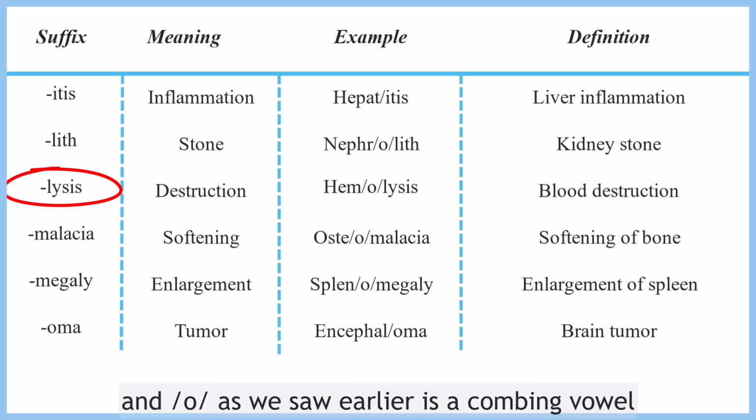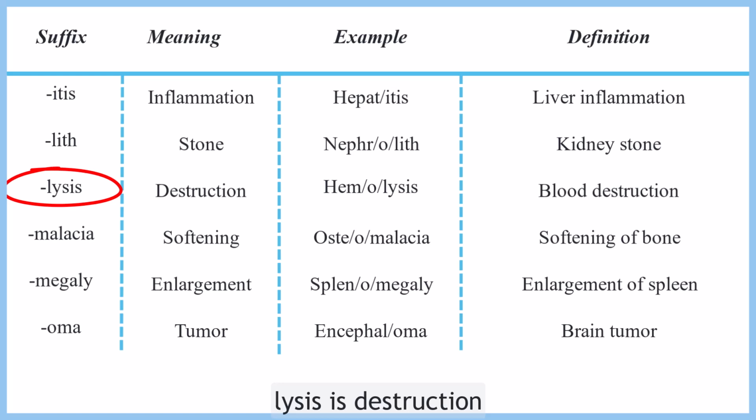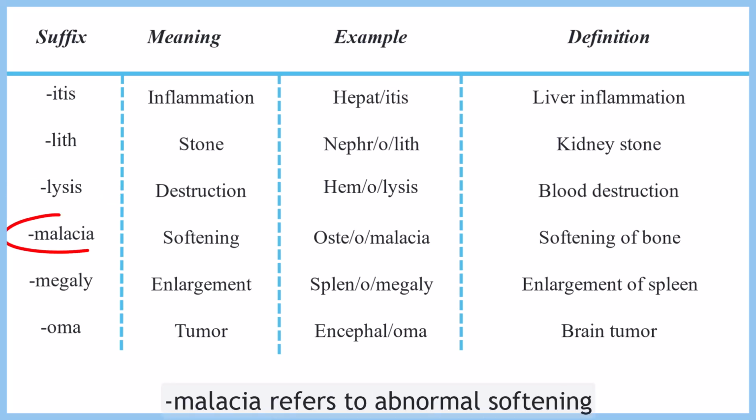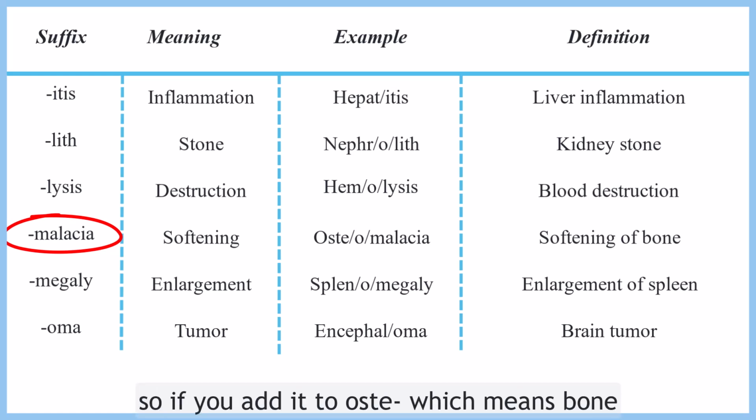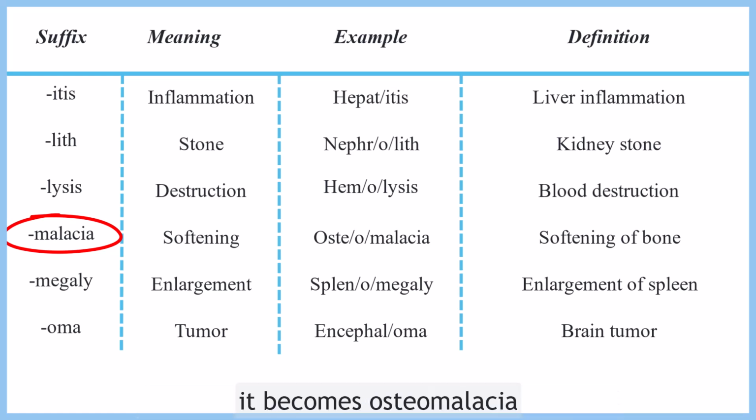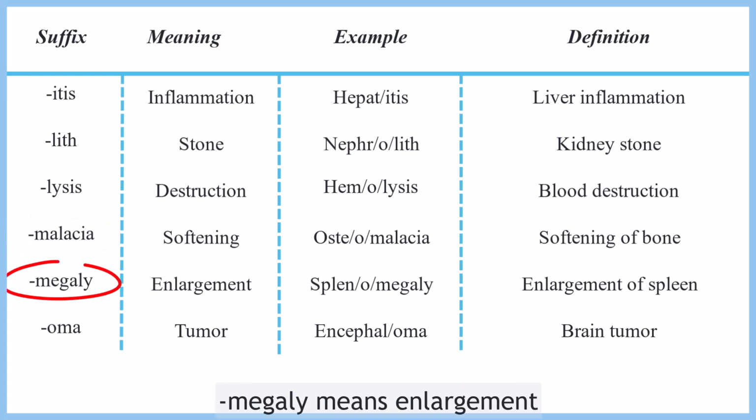O, as we saw earlier, is a combining vowel. Lysis is destruction. Malacia refers to abnormal softening. So if you add it to oste, which means bone, it becomes osteomalacia, meaning softening of bone. Megaly means enlargement. Splenomegaly refers to enlarged spleen.